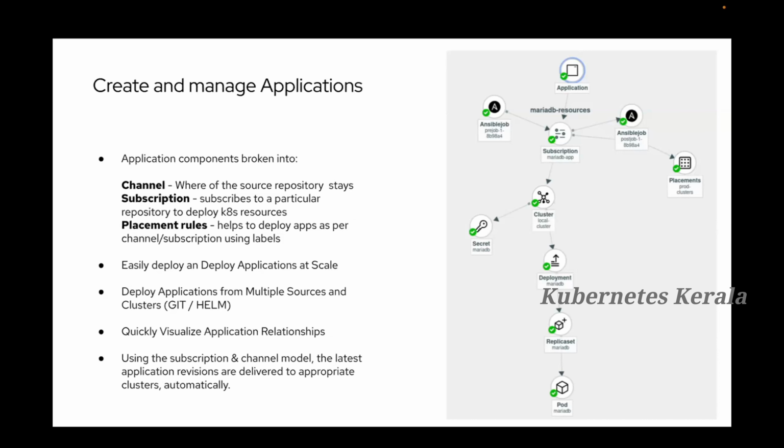And that helps set up a cluster set or deploy a particular application to a group of clusters using the cluster set. So this placement rule plays a major and vital role for the administrators or the developers to manage a single or a group of clusters.